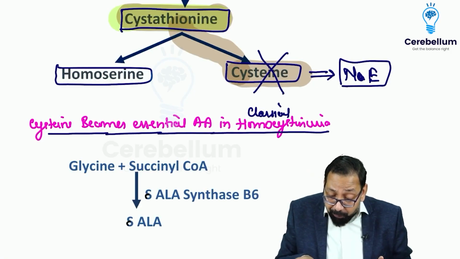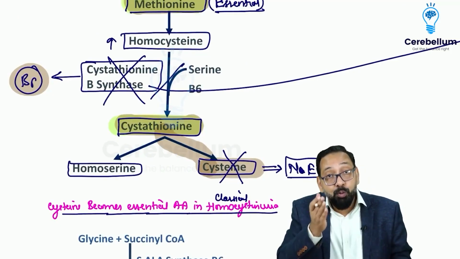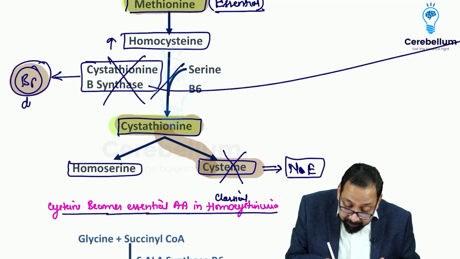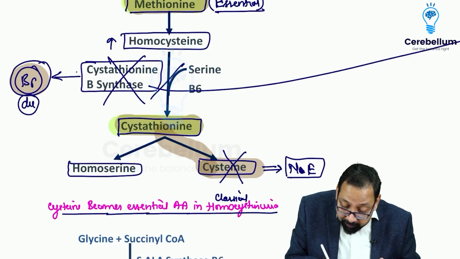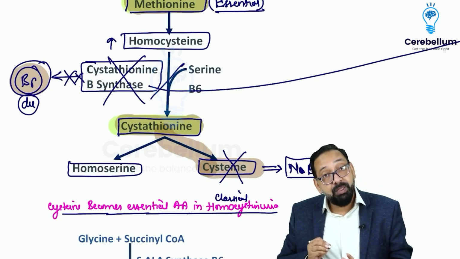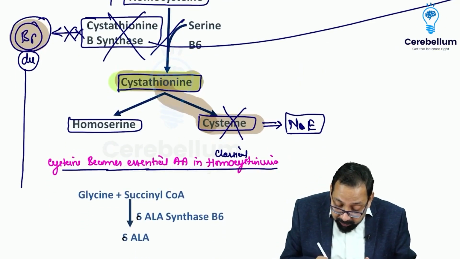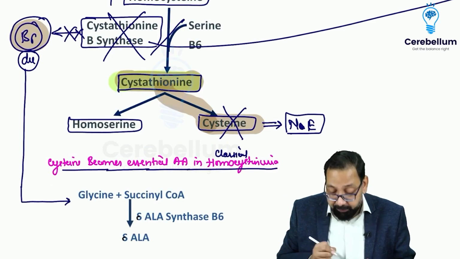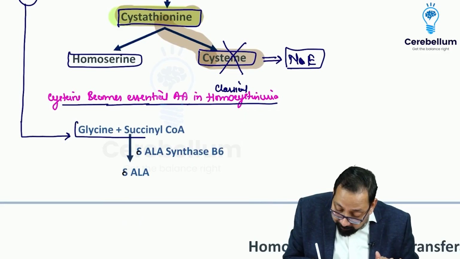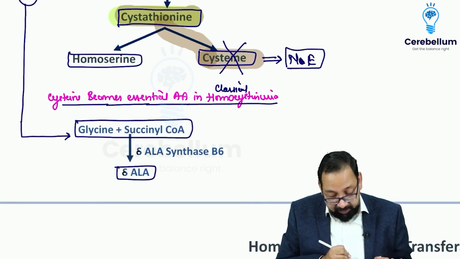Now, we found that homocystinuria may be present, homocysteine may be increased in B6 deficiency. If B6 is deficient, then this step would not occur, this enzyme will not work. Again, homocystinuria would be there. But in B6 deficiency, you can easily differentiate. In the first step of heme synthesis, glycine binds with succinyl coenzyme A to form delta aminolevulinic acid.